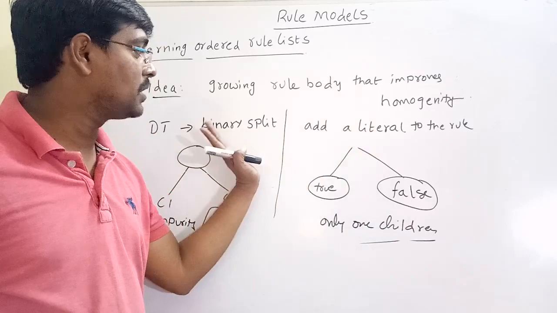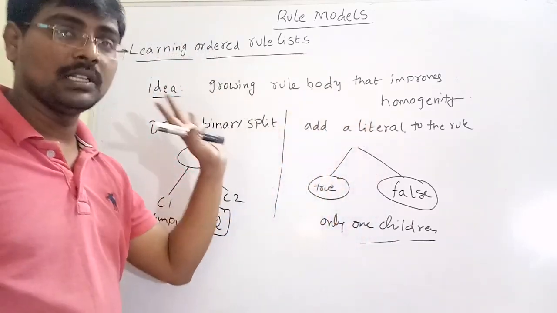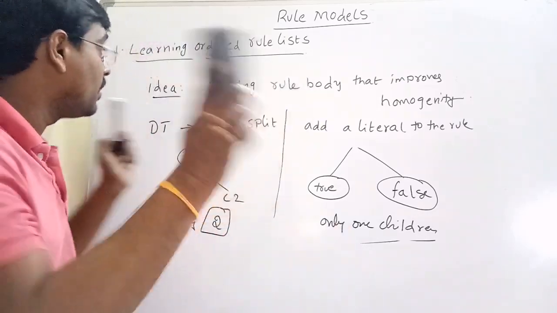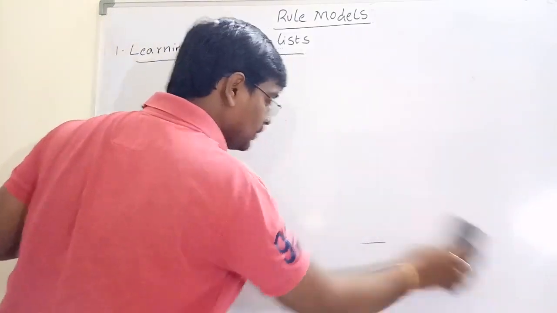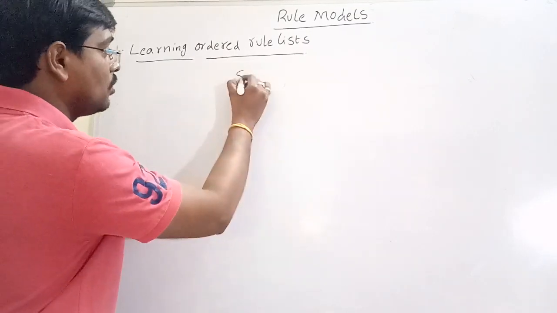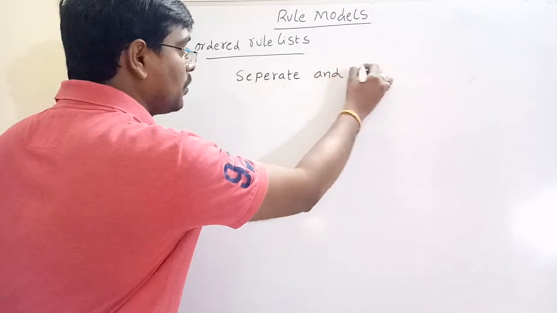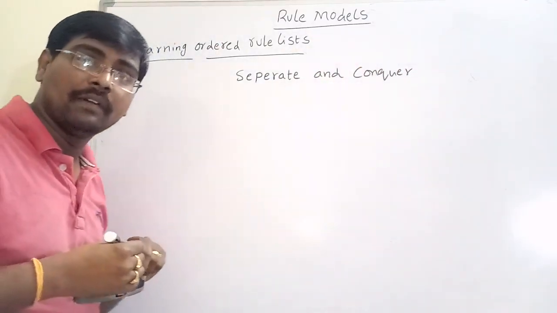This is the difference between decision tree and rule model, and the entire procedure is the same. Step by step we add a rule and eliminate. One more point is that this rule list follows the separate and conquer approach.